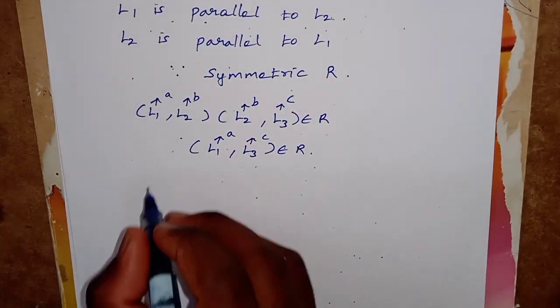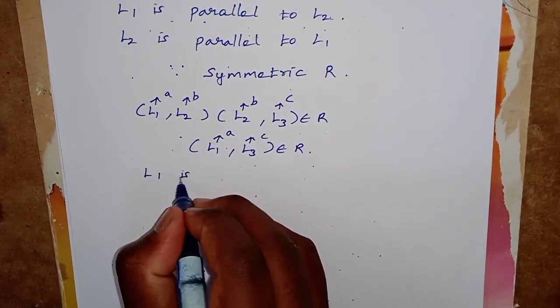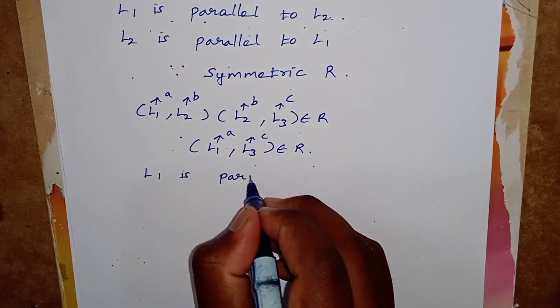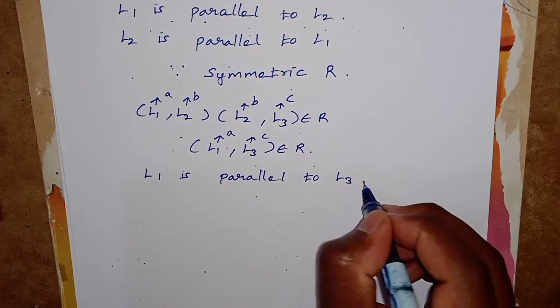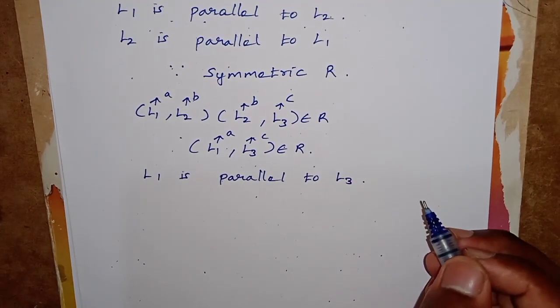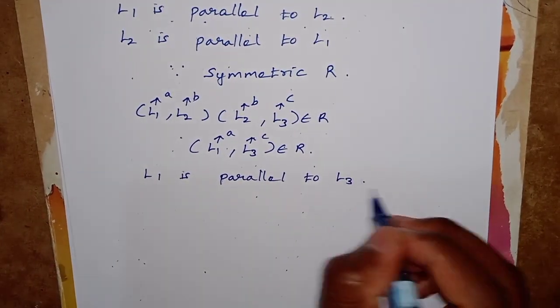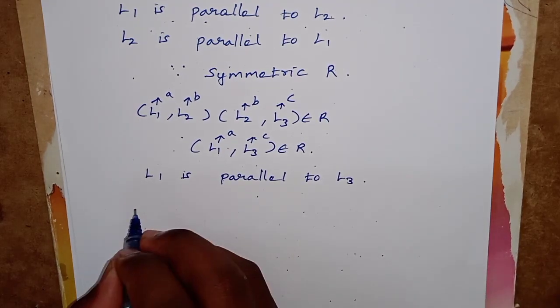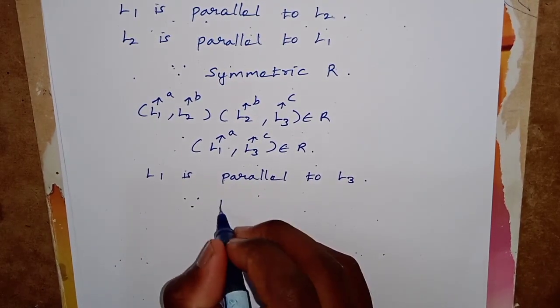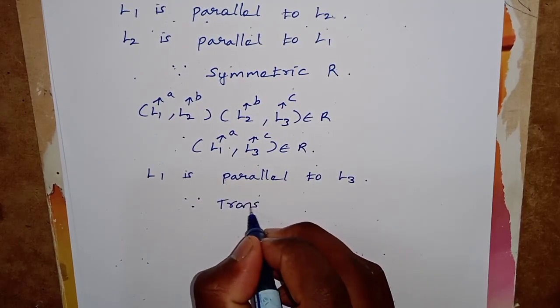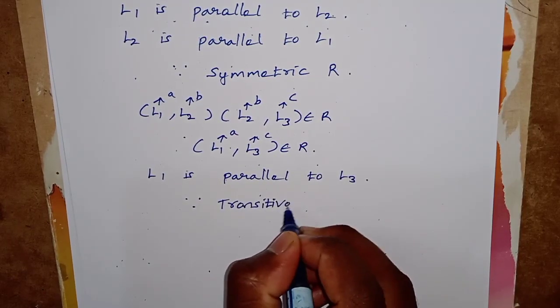You have to write like this: L1 is parallel to L3. Okay, for every question you have to write like this. Next, here it is satisfying. Therefore transitive relation.